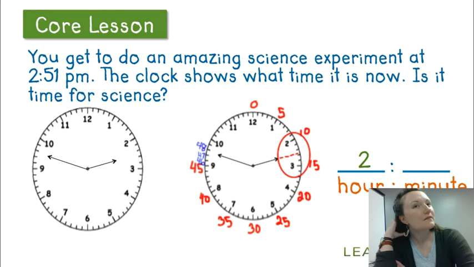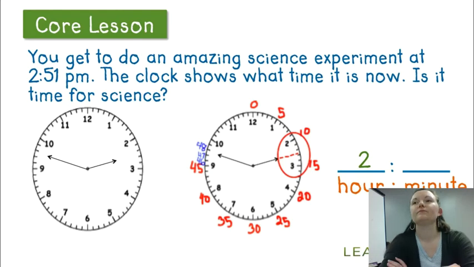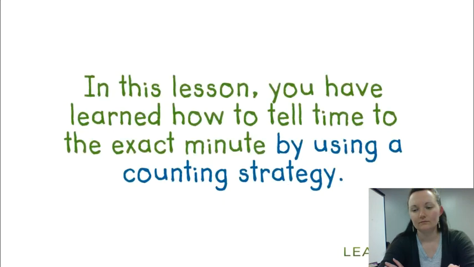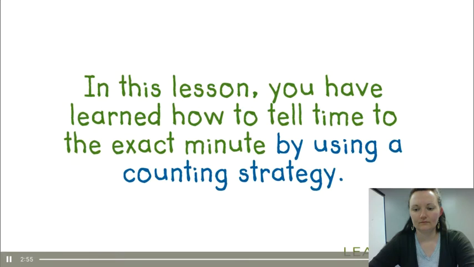And then we look at the minute hand and we use our counting strategy. 0 minutes, 5, 10, 15, 20, 25, 30, 35, 40, 45, 46, 47, 48. So this clock shows that it's 2:48. So it's almost time for science, but not quite yet. In this lesson, you have learned how to tell time to the exact minute by using a counting strategy.